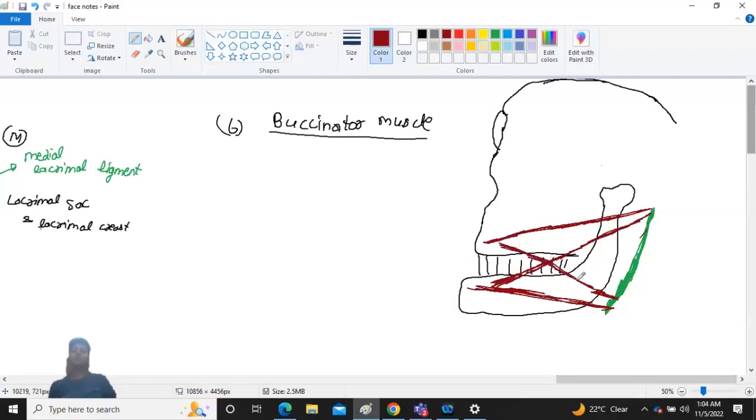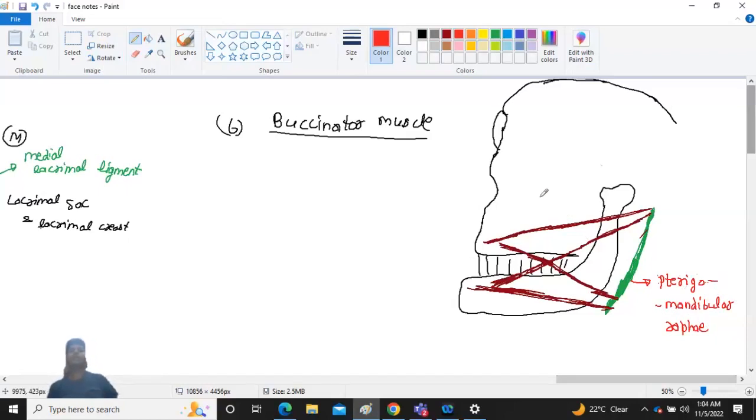These are the three parts of the buccinator muscle. This is the pterygomandibular raphe.